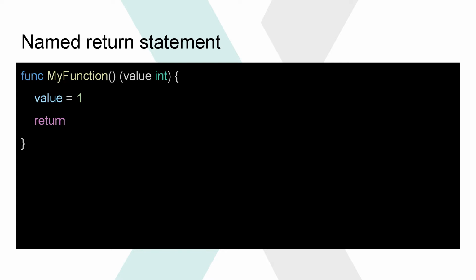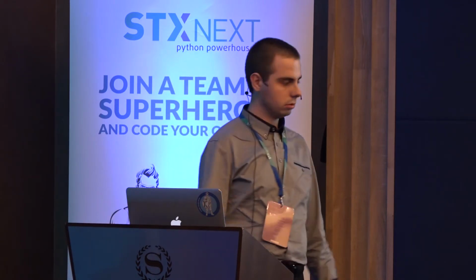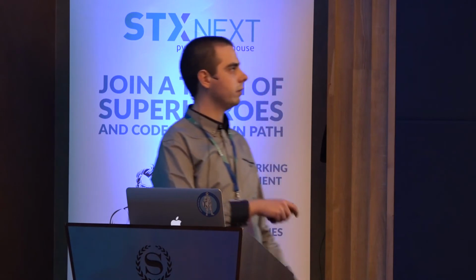So in our function, we have actually that variable which we can assign a value, and then we put just a return statement without any value that ought to be returned. So Go will return the values with these types and in that order that we defined here.